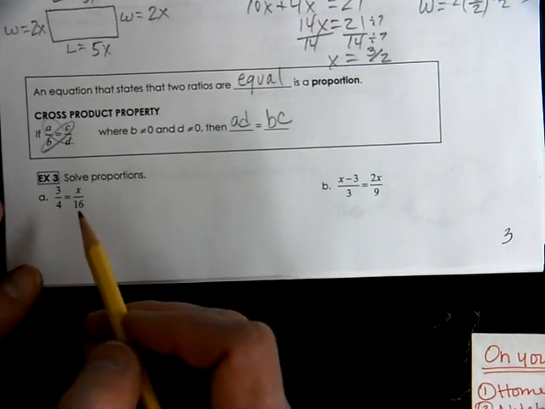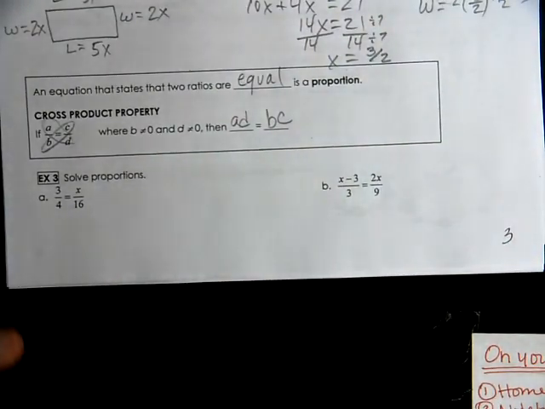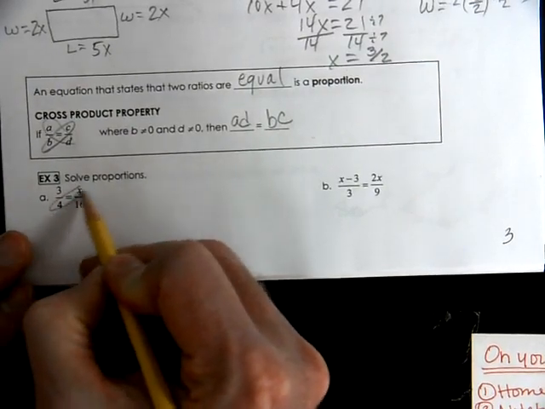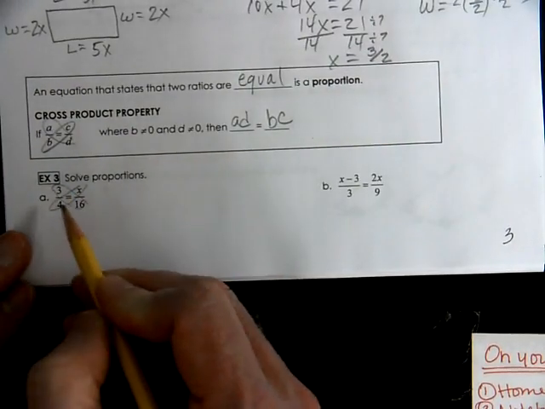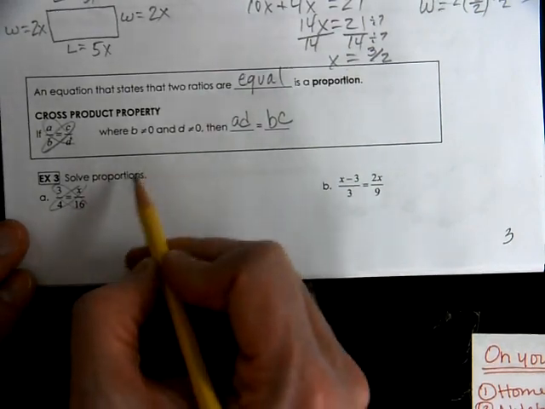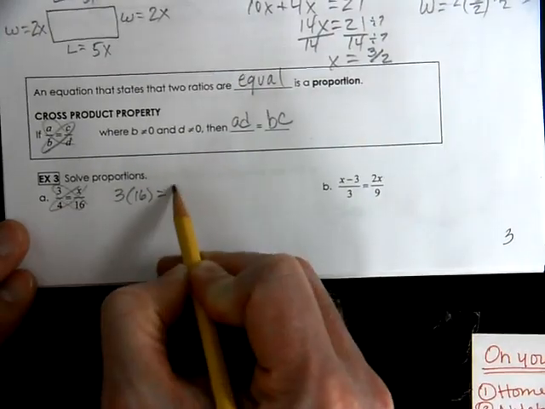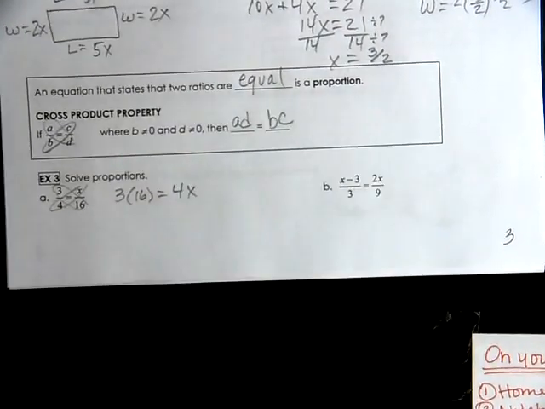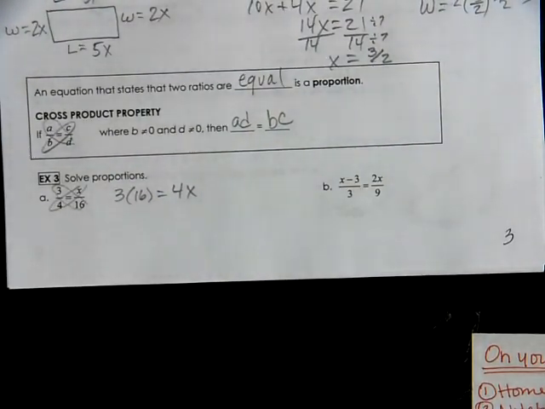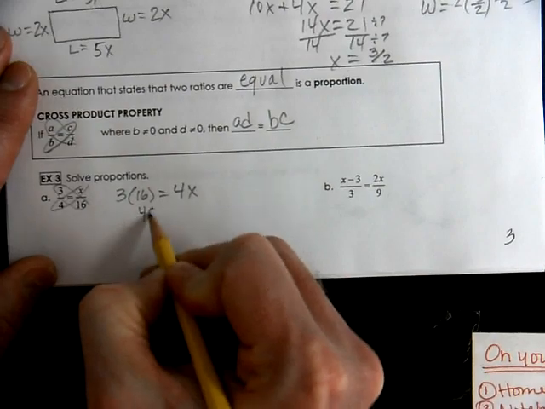So to solve this, we're going to cross multiply because this is a proportion. We have two fractions that equal each other. So we have 3 times 16 and we have 4 times x. Three times 16 is 48.